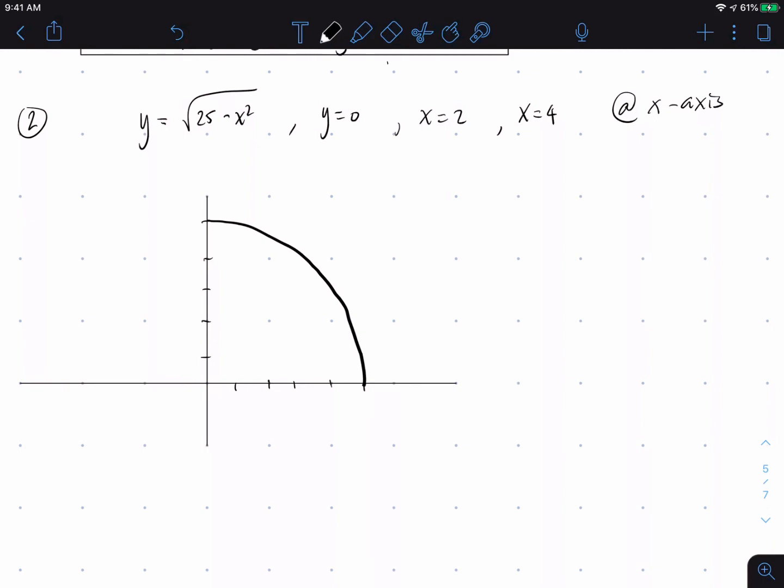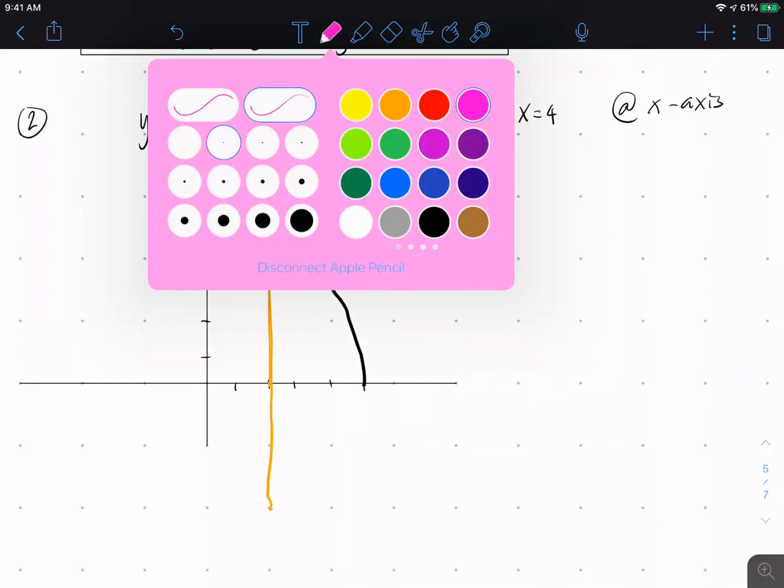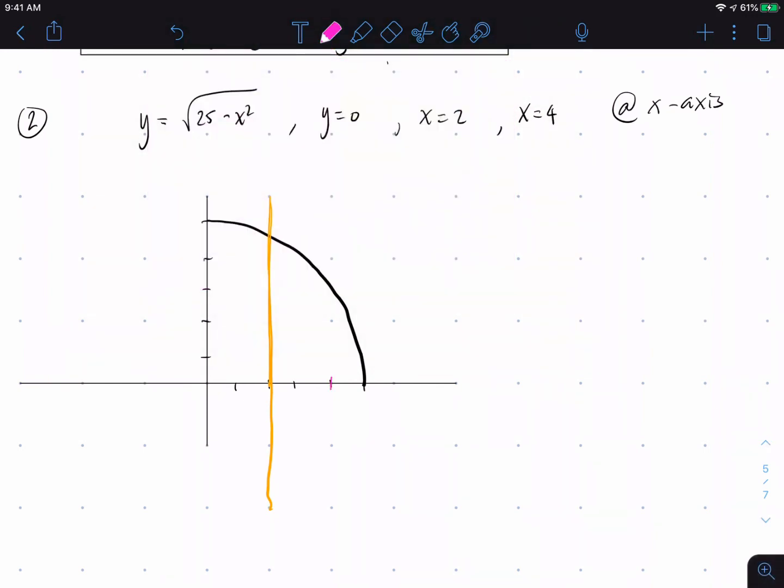I only need that section of it because of, well, I'll use colors for you guys to see. x equals 2 is a line. x equals 4 is a line.